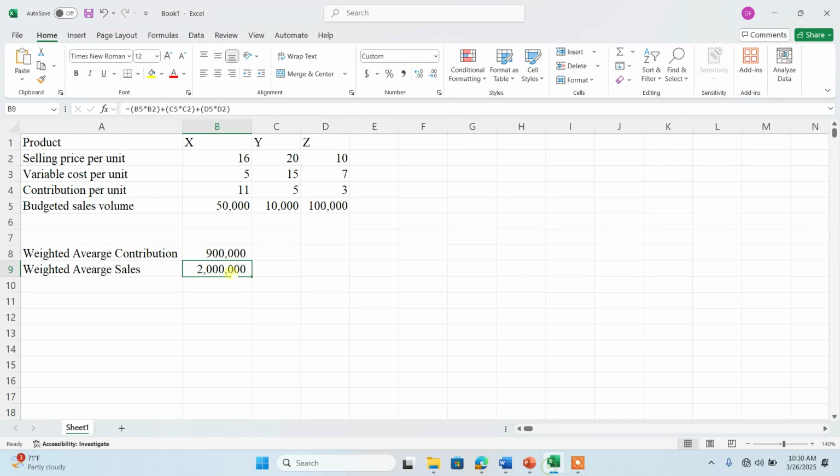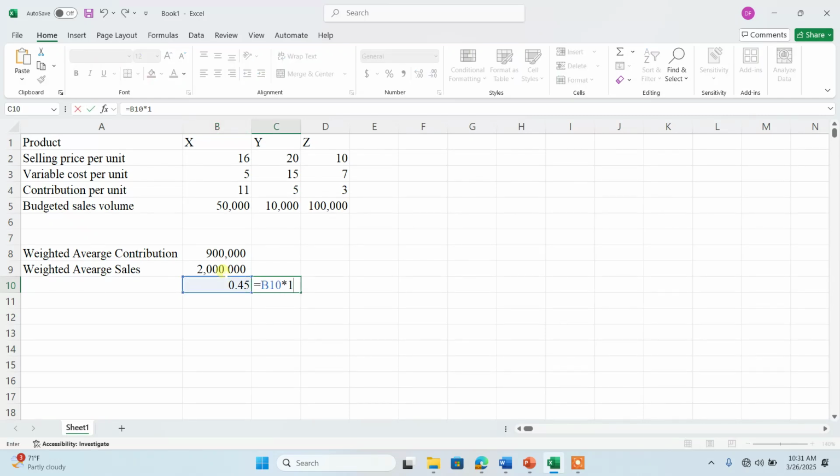The answer is 0.45. If you want to convert it into a percentage, you can simply multiply this by 100, so that means 45%. So this is the weighted average contribution to sale ratio.